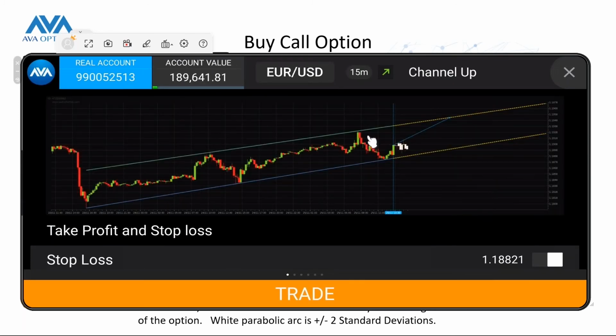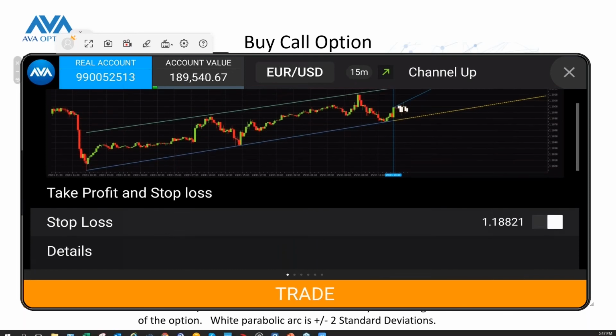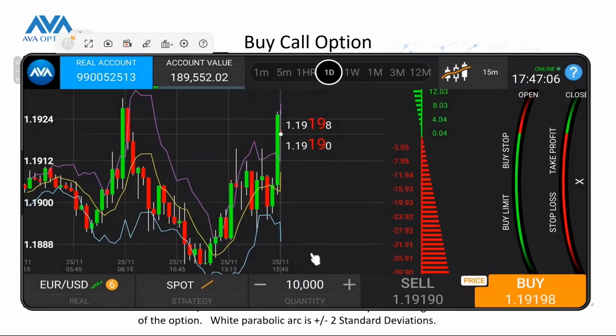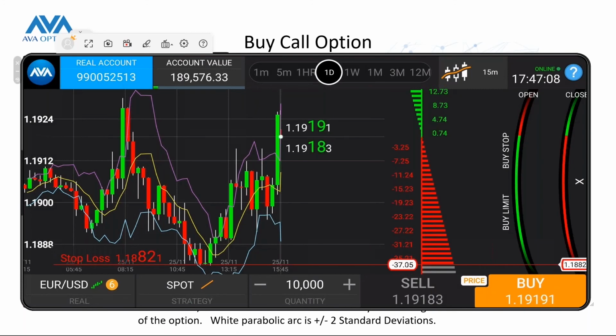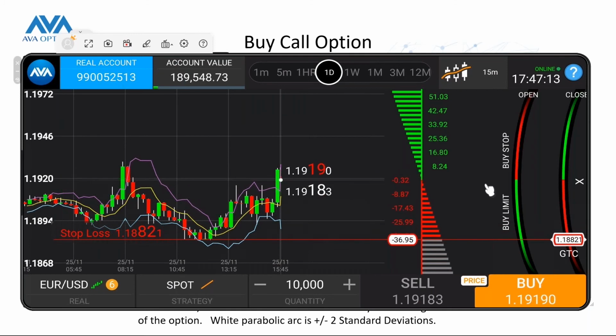On the 15-minute chart, it recognizes that there is an upward channel, and therefore it's a bullish signal. It recommended here at this point to buy. If you agree, it gives a recommended stop loss at 118.80. If you agree, just click trade. It will open up the trade with the stop loss right there at 118.82 that it recommended, ready to go. So if you agree with the recommendation or the suggestion from the chart recognition software, it's pretty cool.